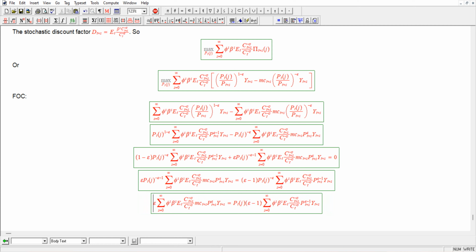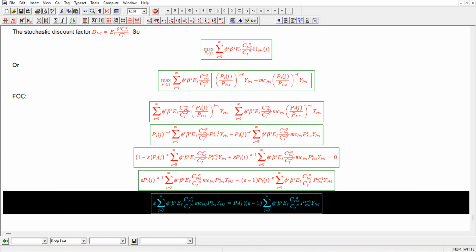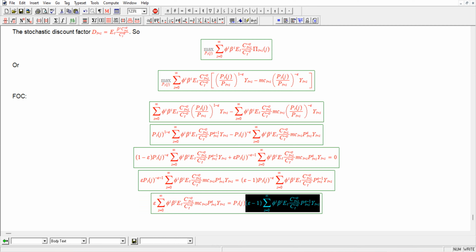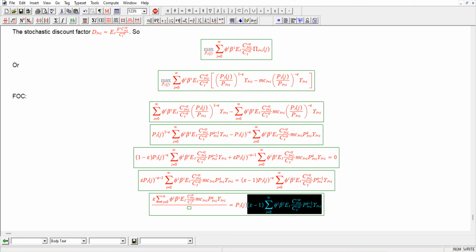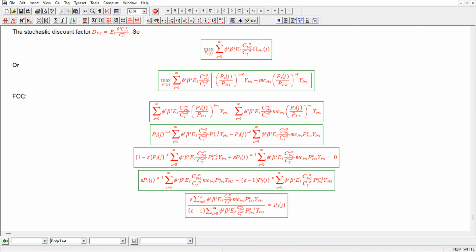And now let's just divide both sides by this. So finally we have an expression for P of j as a function of a forward-looking series.